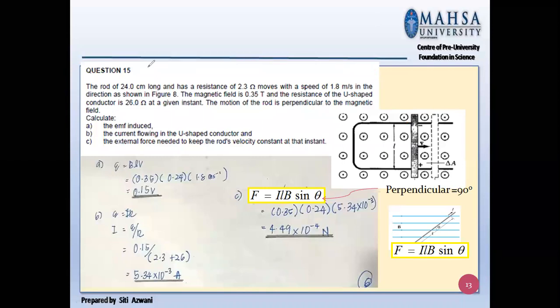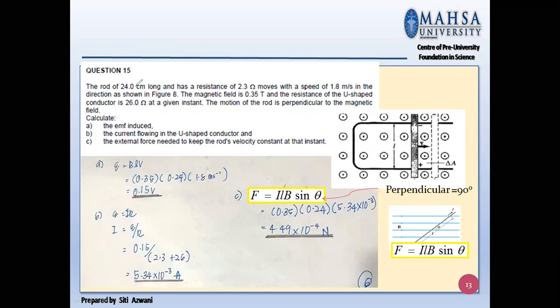Number 15. You have a straight conductor moving to the right, and a magnetic field B out of the page. So you will induce EMF and induce current.